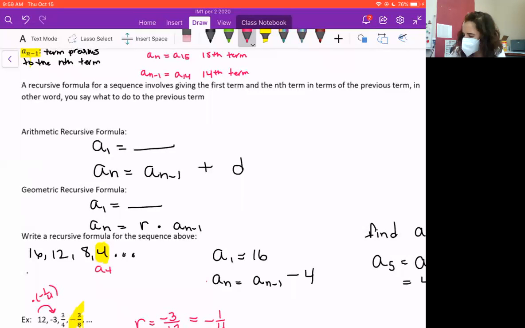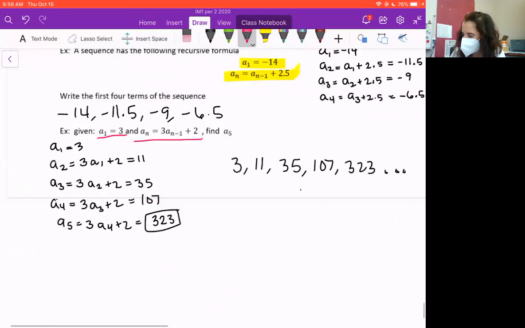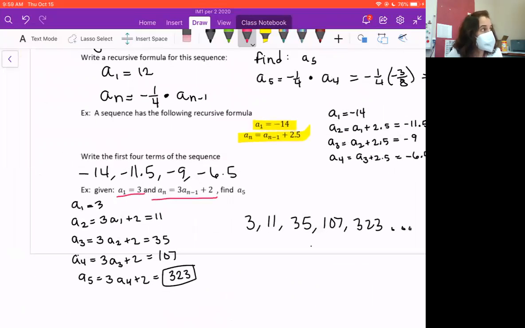And then there are some problems where they give you a recursive formula like this. It may not be arithmetic or geometric. It may be a combination like this. And they ask you to find the 4th term or the 5th term. You're going to start where it says, do what it says, and go as far as you need to figure out the 4th or the 5th term.